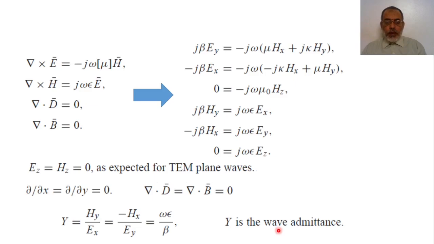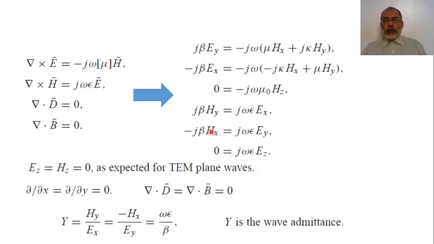Now, it should be noted that we don't know the value of the propagation constant beta inside the ferrite medium. So it is required to find the value of beta, the propagation constant inside the ferrite medium, when the plane wave is propagating in the direction of the biasing DC magnetic field. Okay? Alright.